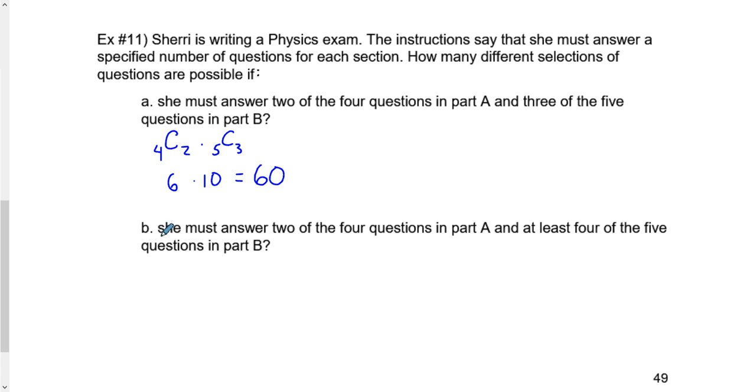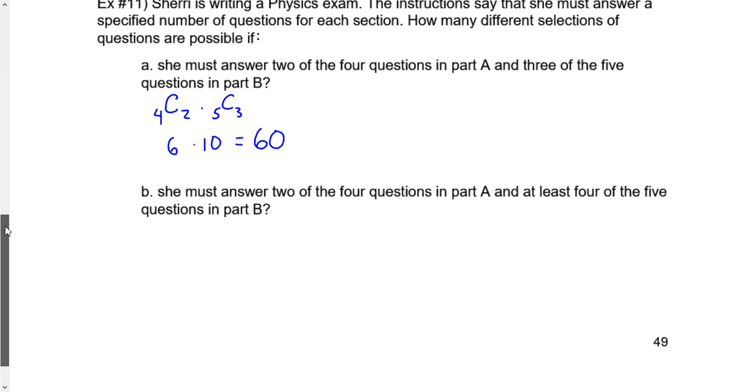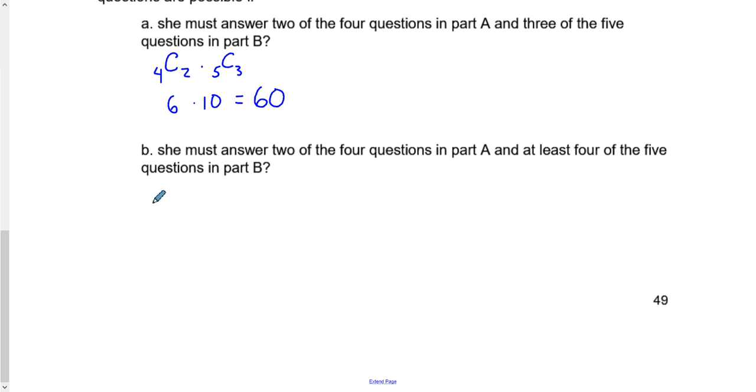Now the question changes. If she must answer 2 of the 4 questions in part A, and at least 4 of the 5 questions from part B, our question changes. She still has to answer 2 of the 4 from part A, but if she has to answer 4 questions from part B, 4C2 times 5C4. Let's see, this is 6, that should be 5.